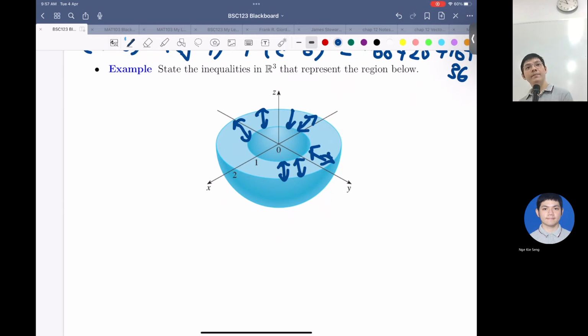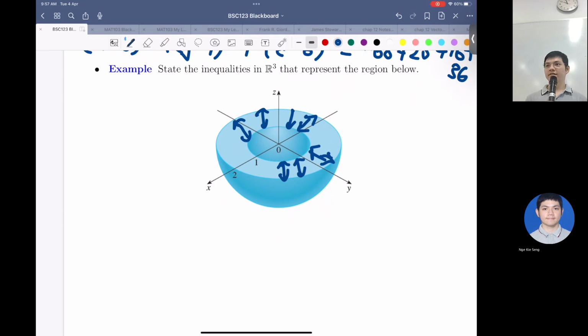Any idea? How do we tackle this question? Use slices to imagine.